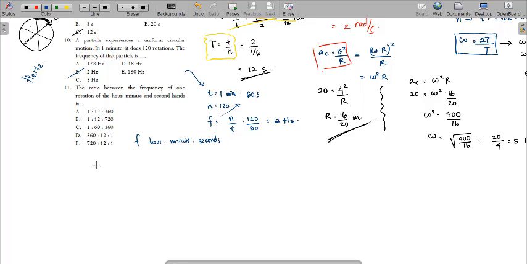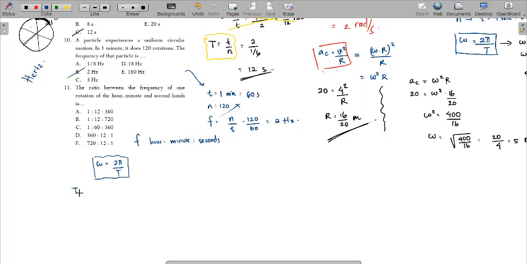Okay, you know omega is 2 pi divided by period. Why do we use period, not frequency? Because we talk about time, so we use period.